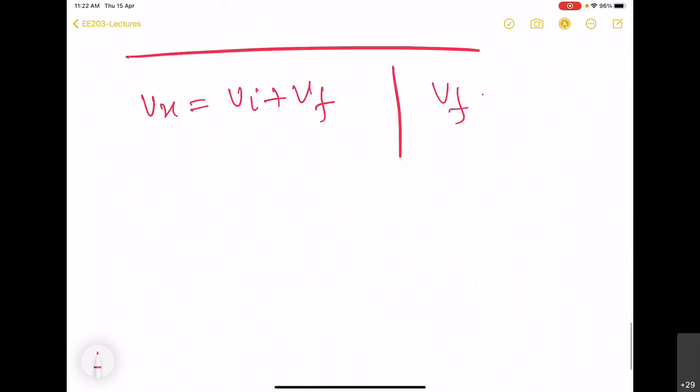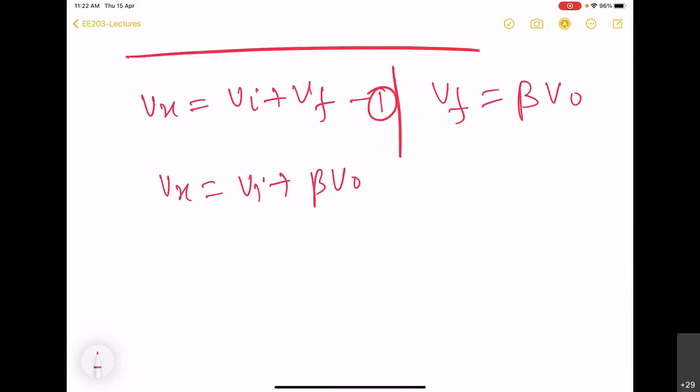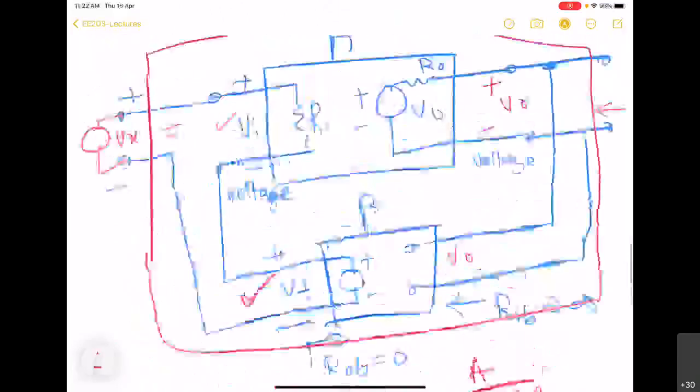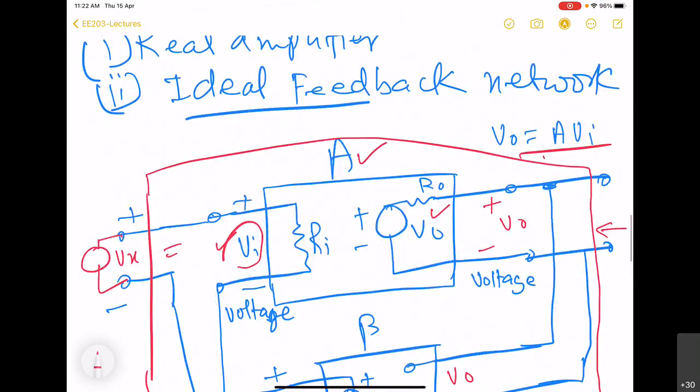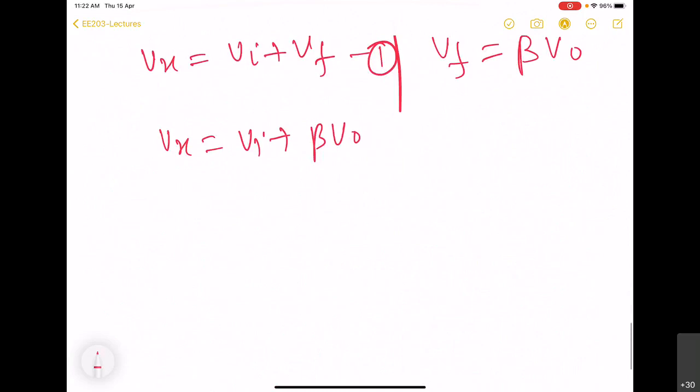So this Vf is beta into Vo. So this equation 1 gets modified to Vx is equal to Vi plus beta Vo. Now this Vo that we see here is a modification of this Vi by factor A. So this Vo is A into Vi, giving Vi plus beta A into Vi.